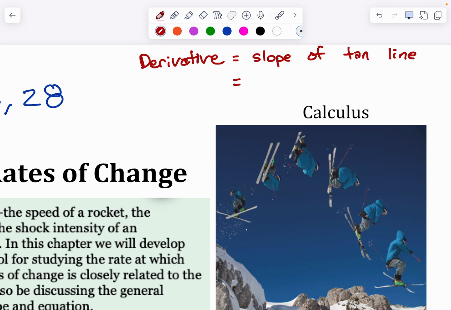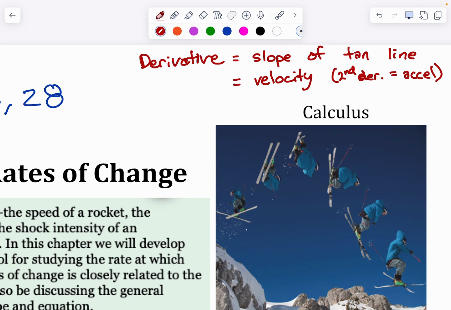Also, a derivative could be representing a velocity. A second derivative is a lot of times used to represent acceleration. That's what we use second derivatives for, acceleration of things.